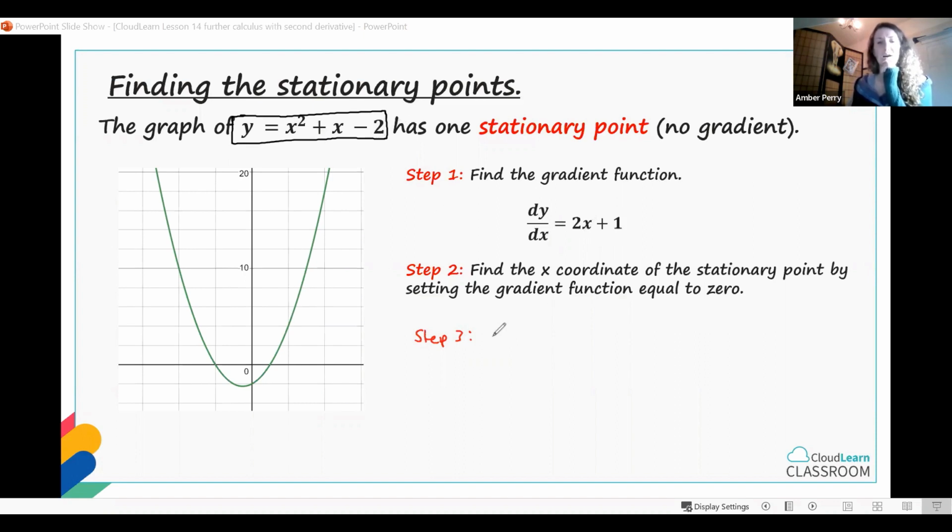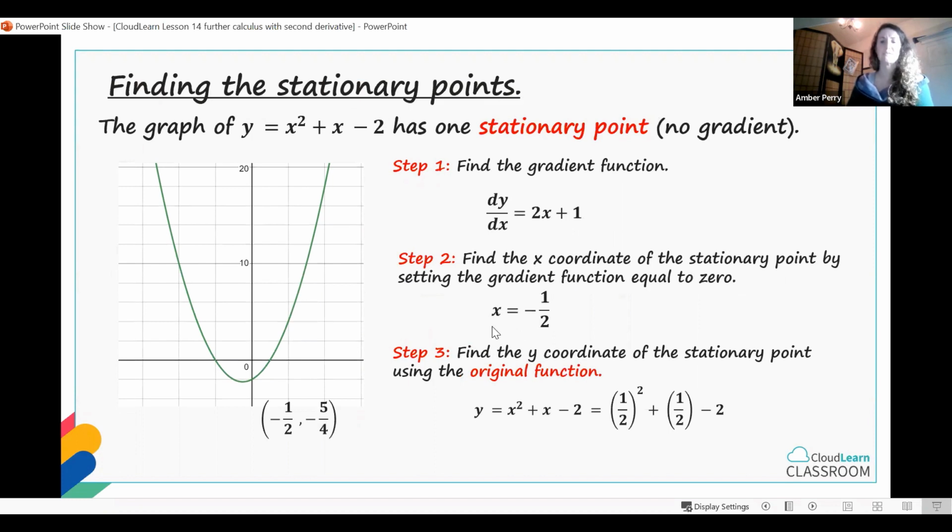So finding the y coordinate is putting the x coordinate that we just found, which was x equals -1/2, into that equation.